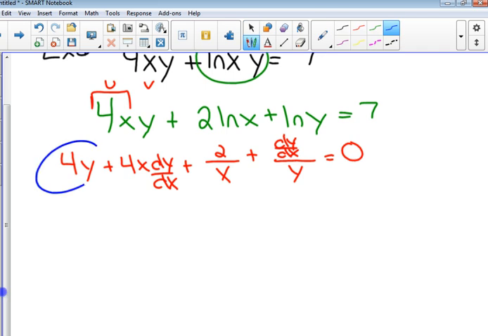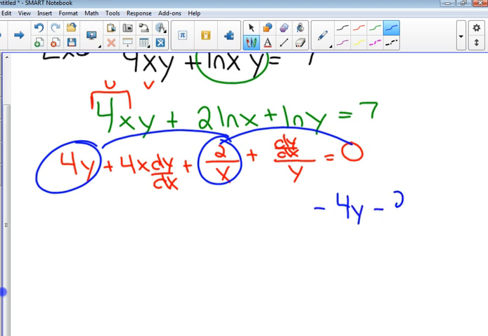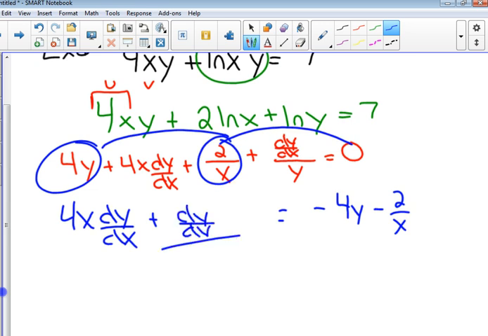I think I saw everybody at least move things over. Oh, yeah, so the whole thing over x? Okay. So we have negative 4y minus 2 over x. And I have 2y minus... Did we all factor out, or are some of you at this step right now?